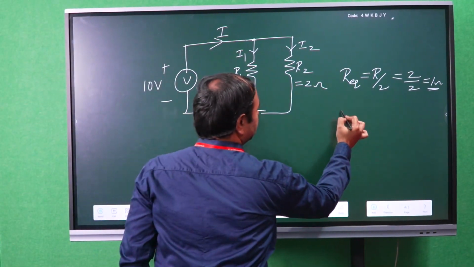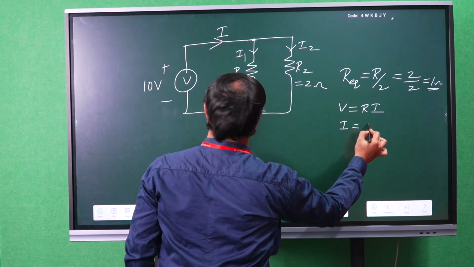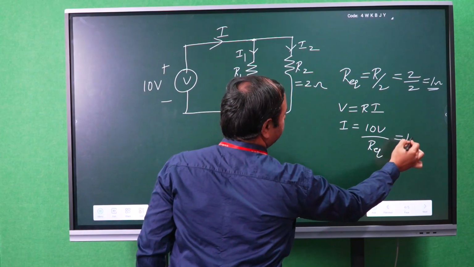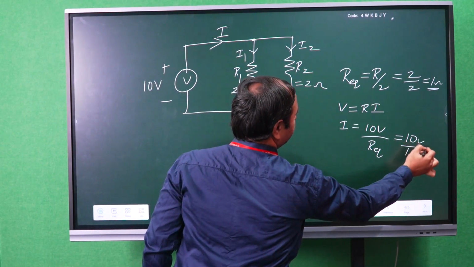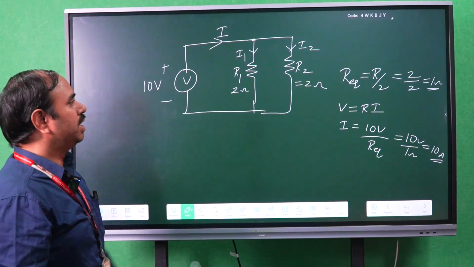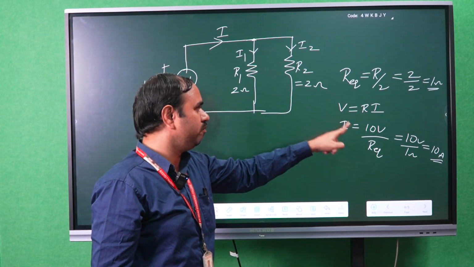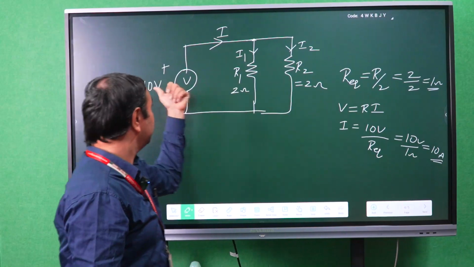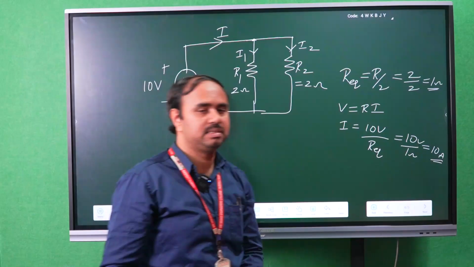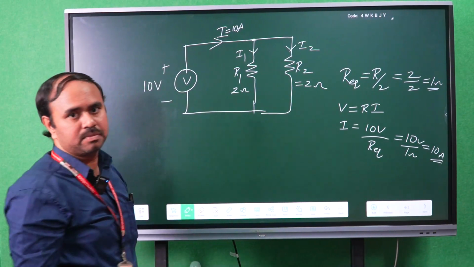So according to Ohm's law, V is equal to R i, I is equal to V by R equivalent. V means 10 volts and R equivalent is 1 ohm. So 10 by 1, it is 10 amperes. So total current is 10 amperes.